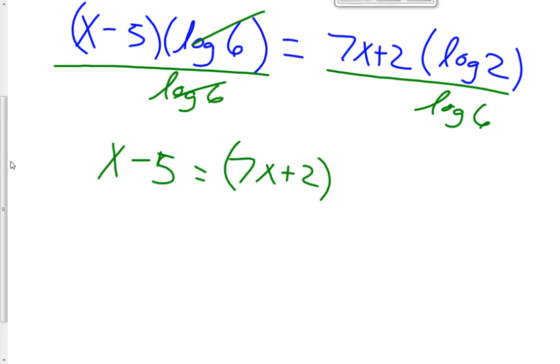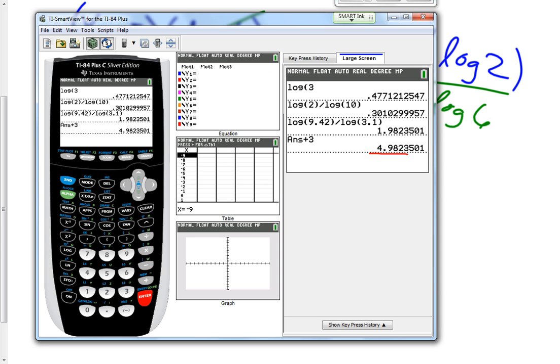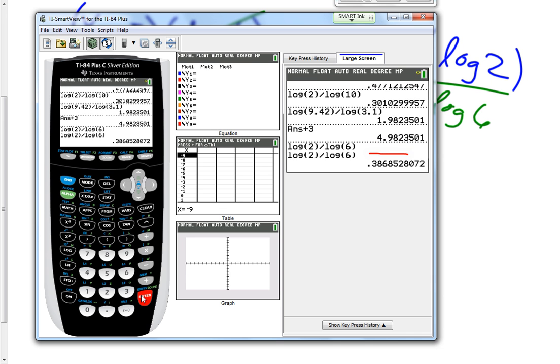Let's get this as a 4 decimal answer. Log 2 divided by log 6. And that is, to 4 decimal places, 3.869.